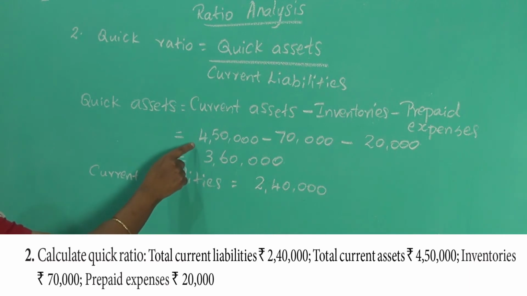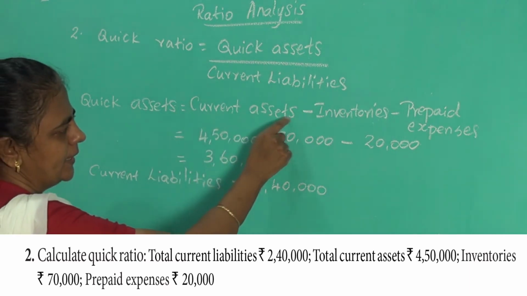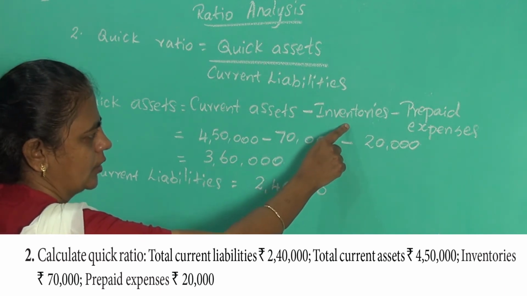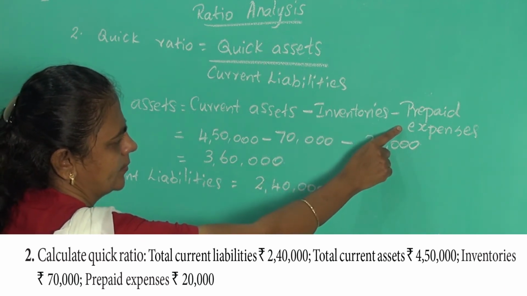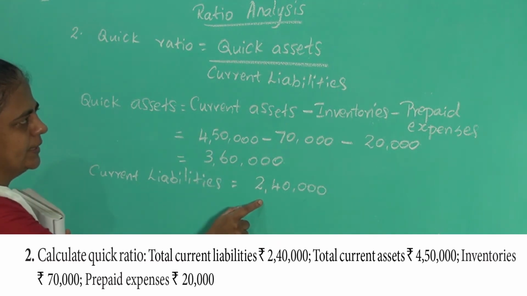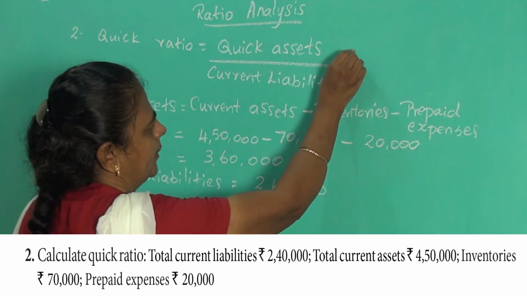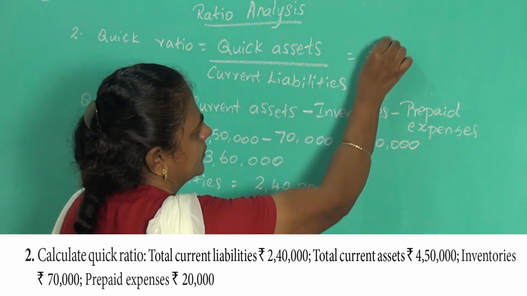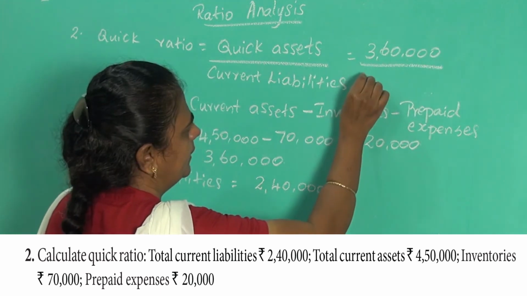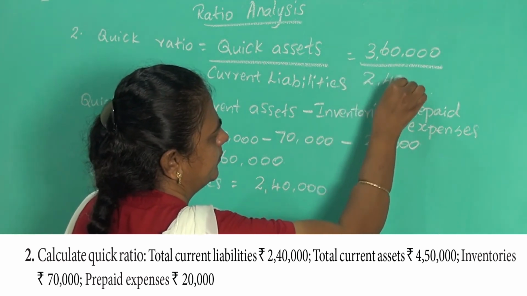How to calculate quick assets? Take current assets, from that you minus inventories or stock. Inventories is otherwise called as what? Stock. Okay, subtract that, subtract prepaid expenses, you will get quick assets. Current liabilities is already given there. Now take this and put it in the formula. So 3,60,000 divided by 2,40,000.